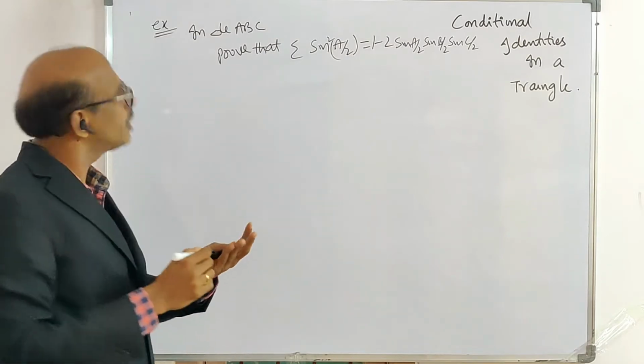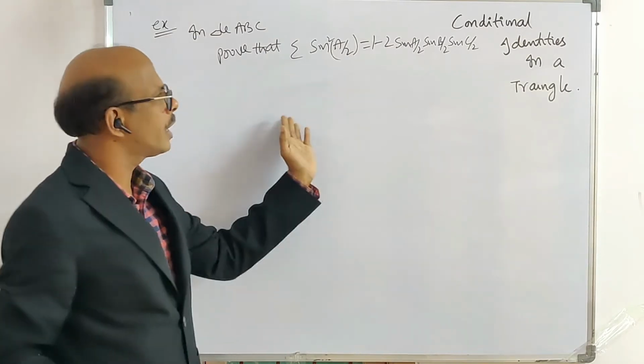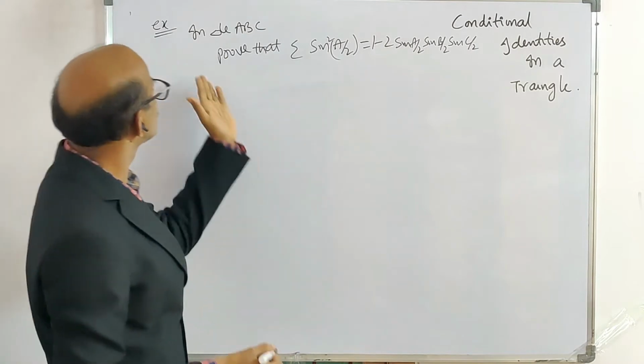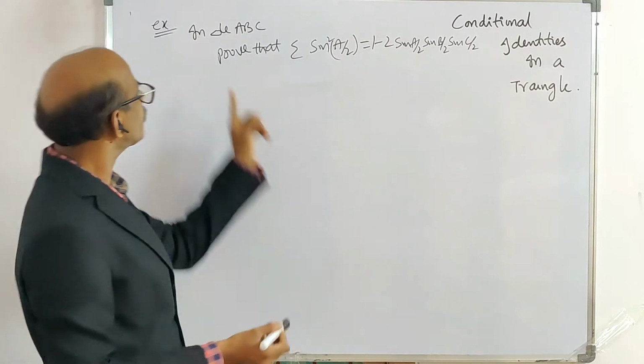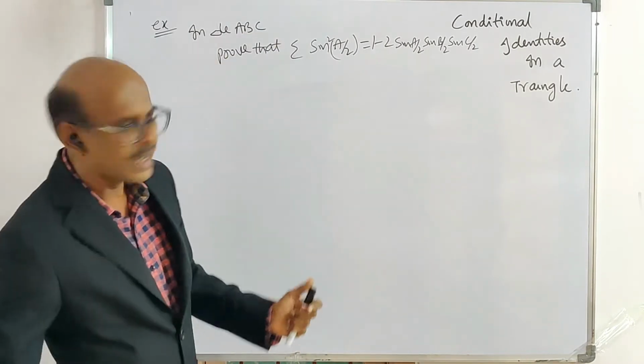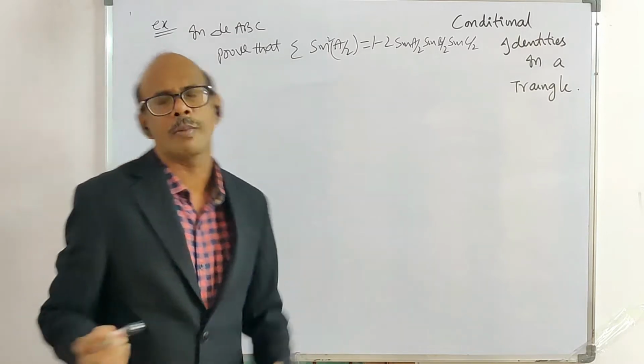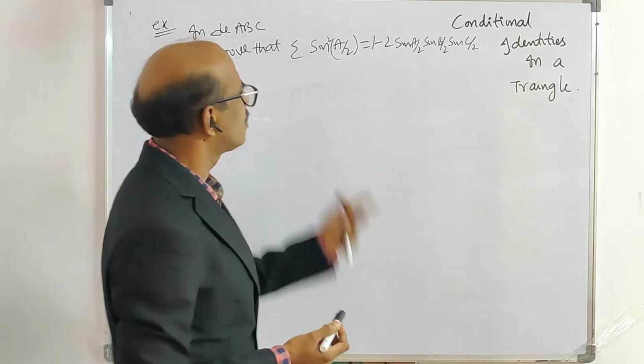In triangle ABC, one more conditional identity in a triangle. This is the second example for today's video. In triangle ABC, prove that sigma sin square A by 2 equals 1 minus 2 sin A by 2 sin B by 2 sin C by 2. Very simple.